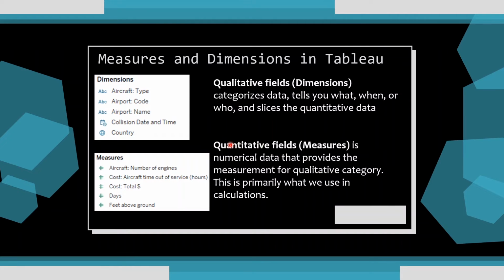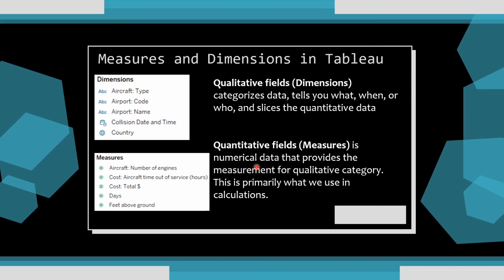So quantitative fields provide the measurements for qualitative fields, and qualitative fields categorize quantitative fields. So just get familiar with quantitative, qualitative, measures, and dimensions. And this is an example of quantitative fields, which is measures in Tableau.